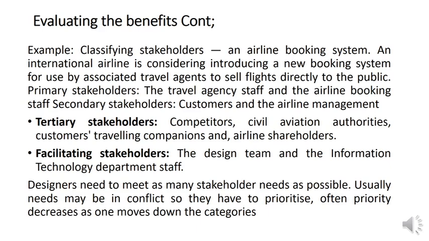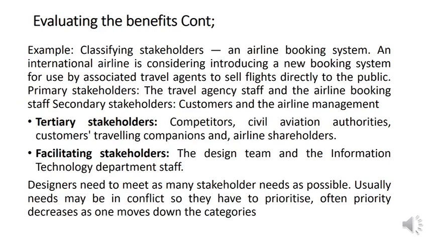So the new airline booking system being considered will create room for the travel agent staff and airline booking staff to adapt to the new system. Then the direct secondaries are the customers and the airline management, those managing the airline and the customers.